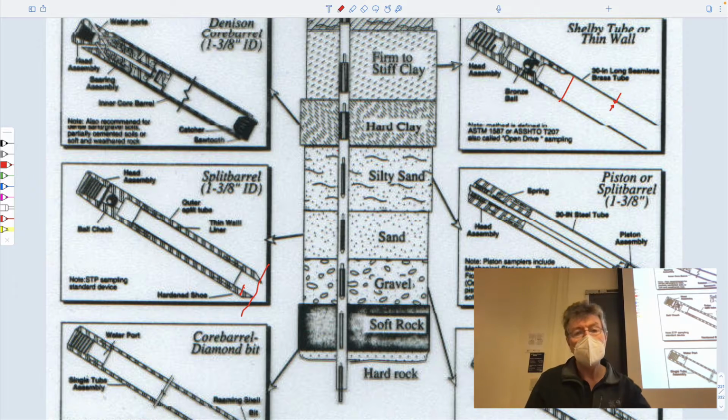And so typically, the other difference between these is the split barrel you bring to the top, you take the shoe off, you break it in half, you pour the sample into a bag. With this, you actually don't remove the sample from the tube. You break the tube off from the drill string, you seal the top and you seal the bottom of it with paraffin wax, and the tube actually becomes the sample holder when you send it back to the lab.